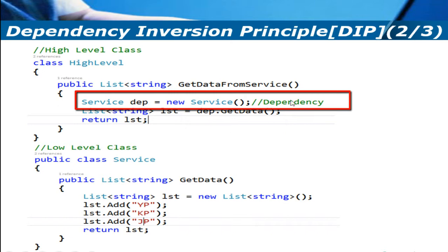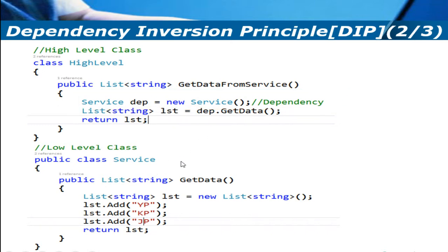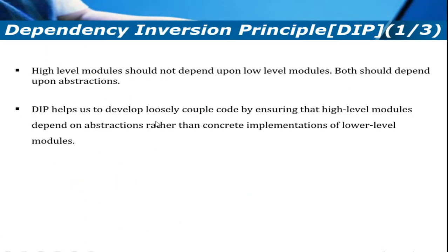That's why the dependency is created on high level class for your low level class. So the principle says don't create the object over here or don't create a dependency. You need to depend on one abstraction layer which creates the object of your low level class, or I can say a dependency.